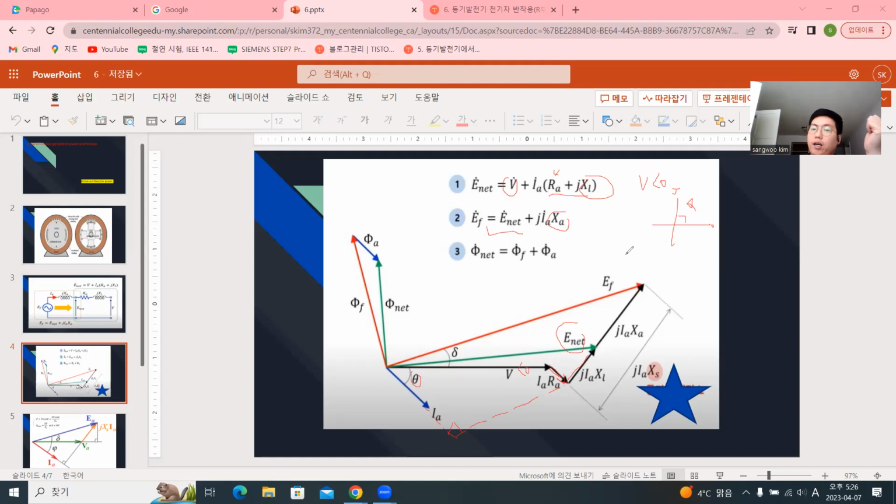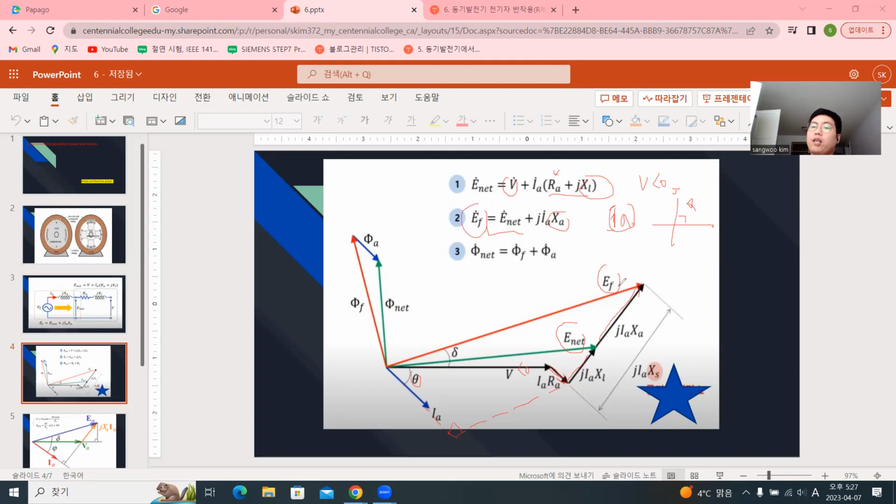But as I said, the armature reaction part is mostly changed, so that's why there is a longer line here. And then EF is the excitation voltage.